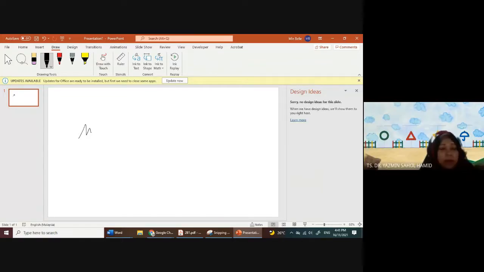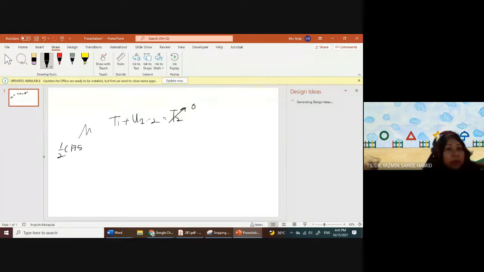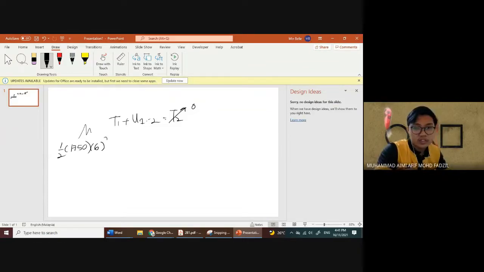Okay, alright, we're back. So our formula is T1 plus work equals T2. Our T2 is zero. T1 I haven't calculated, but it's half of M times velocity 6 squared.